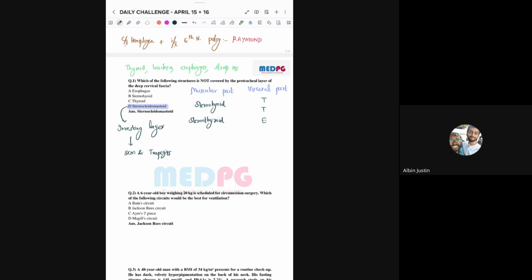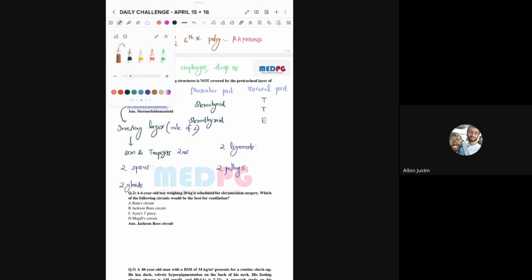The investing layer has actually the rule of two. Two muscles. Then you have two spaces, two glands, two ligaments, and two pulleys. Very commonly asked, I think you know all this.